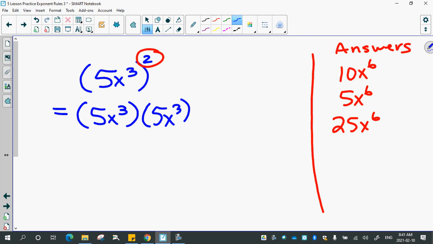Okay. Now when you multiply those two things together, what are you going to get? You learned that part yesterday, yeah? 25. 5 times 5 is 25x to the power of 6. So this one was correct. Okay? All right, so we're going to try another one just similar.